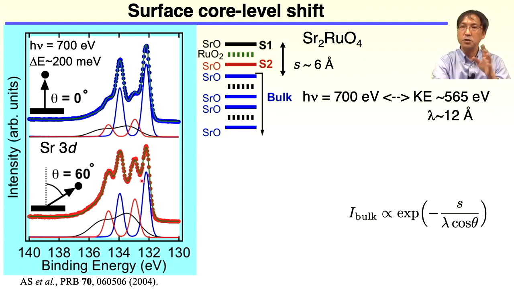This view graph shows an example of the strontium 3d equivalent photoemission spectra of layered strontium ruthenate as a function of the emission polar angle theta of 0 and 60 degrees.